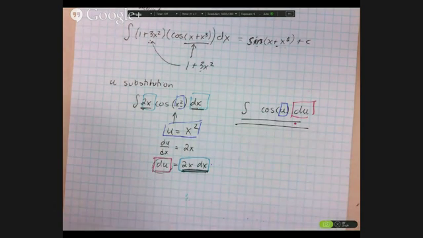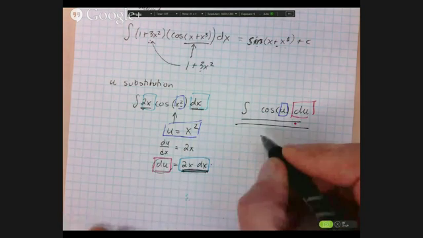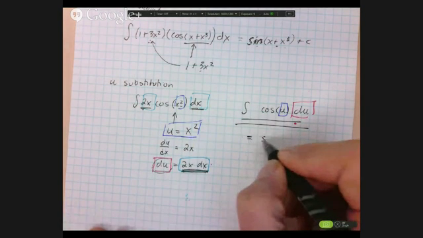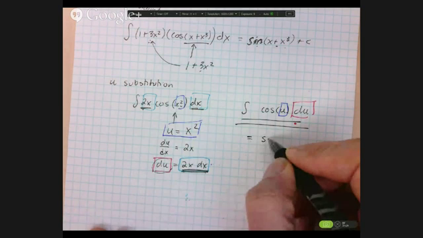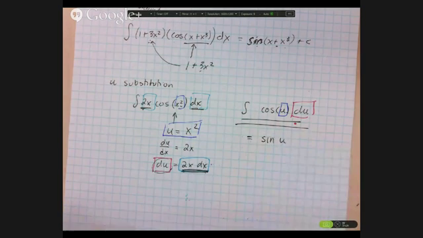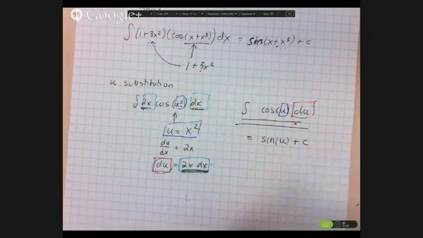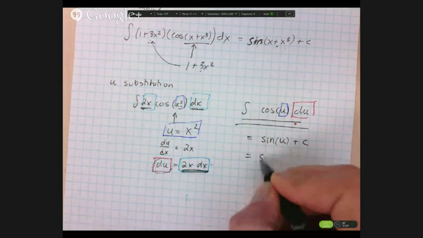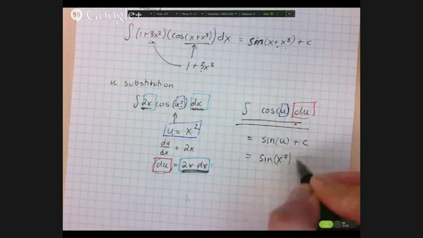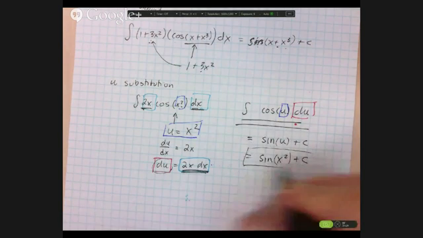What's the derivative of cosine? Or, sorry, the integral. Sine of u, right? Plus c. And now just plug x squared back in. What are we doing with the d? We don't need to do anything, it's part of the integral.